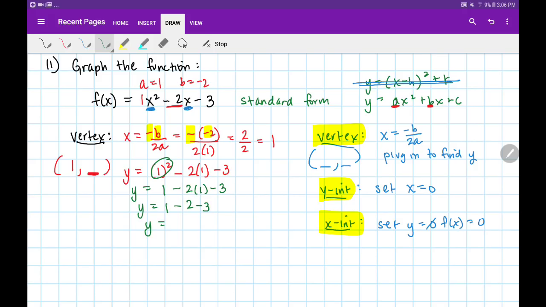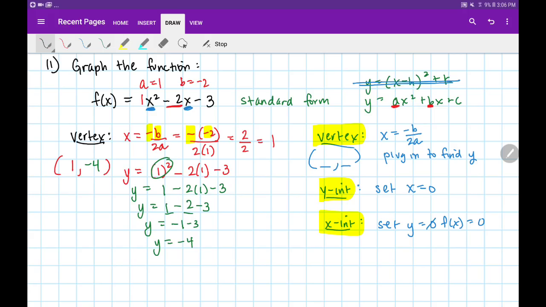And finally, we will combine everything. 1 minus 2 is negative 1. And negative 1 minus 3 is negative 4. Ta-da! So you can probably work that out a lot faster than me, but I'm showing every single step. So now we got our vertex as 1, negative 4.